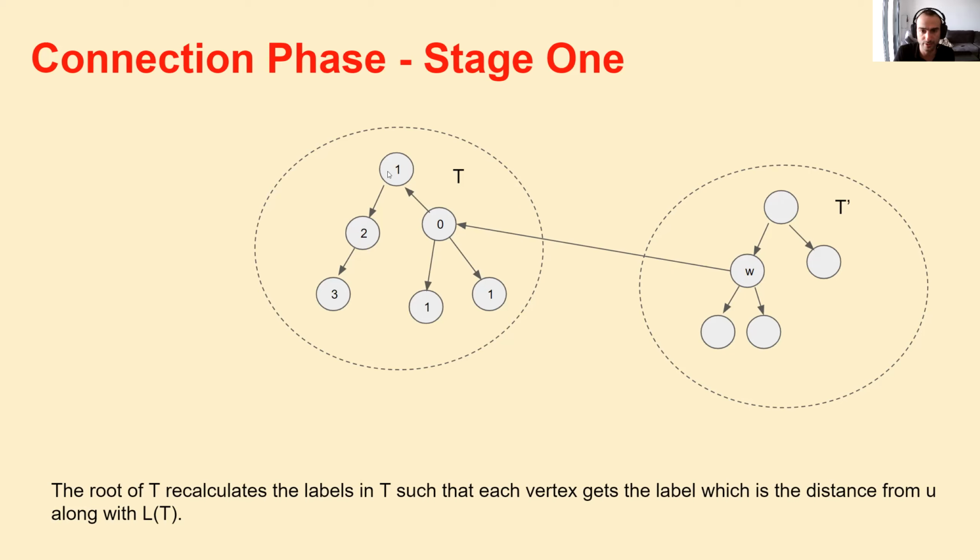The ID of this vertex is now the ID of T', the L(W), comma 1.